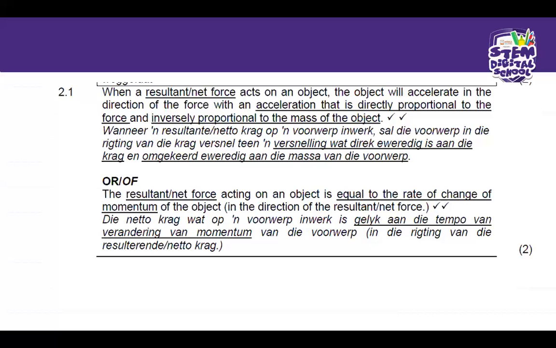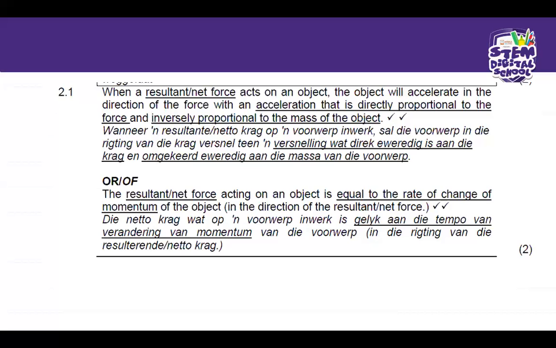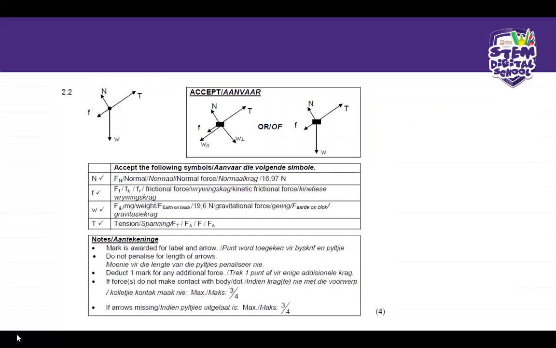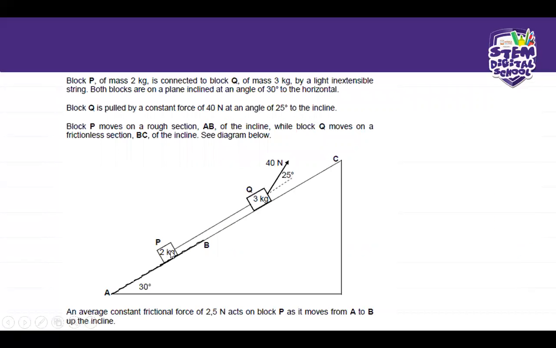So number 2.2 says draw a labeled free body diagram of block P. So there we have it, right? Block P is this one right here. We've got a frictional force and we've got an applied force. This one is going to be our applied force. This one is going to be the friction that's going that way. Then we've got our gravitational force, and we've got our normal force moving upwards.